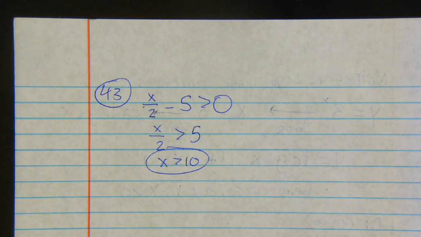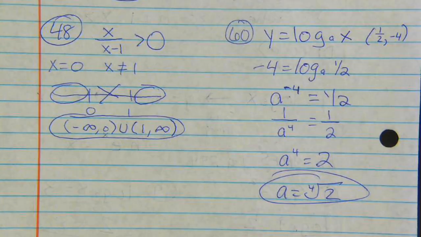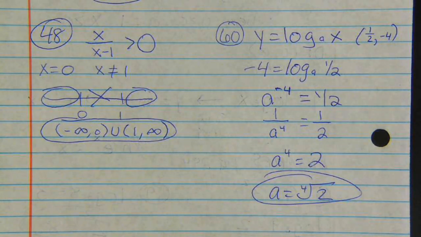I'd like you to try 60, even though we haven't done one like that yet. Okay, so I'm going to stop the video again, see part 3. If you need help with 48 or 60, they're right here. But now we're going to move on to 61.